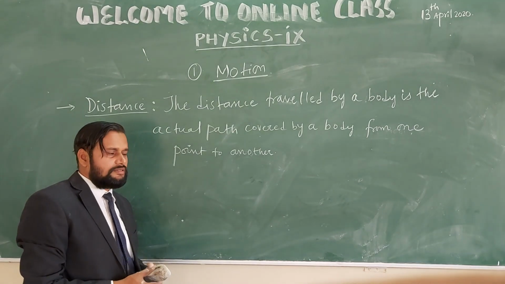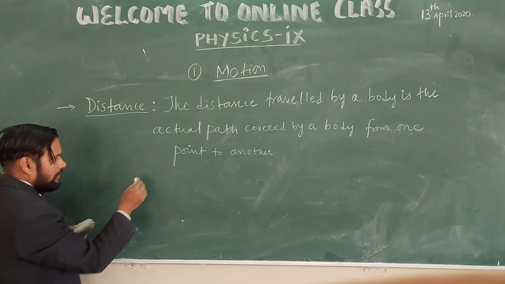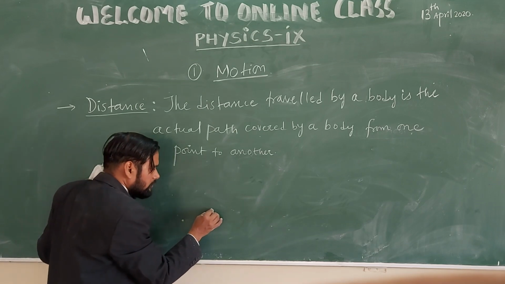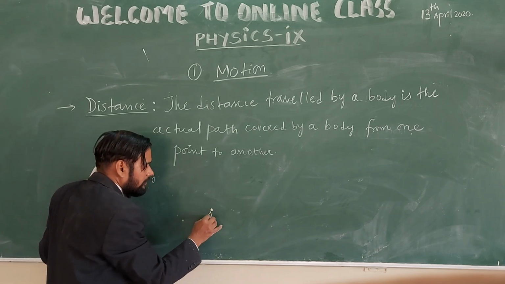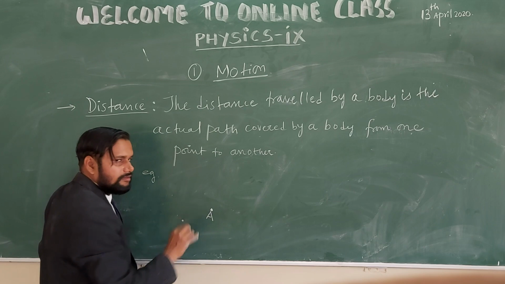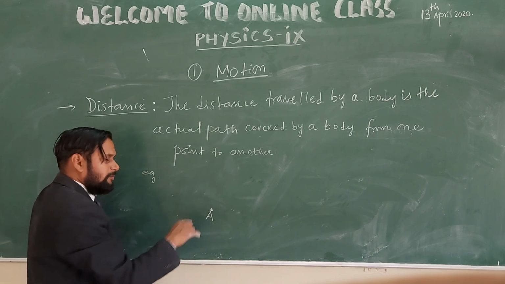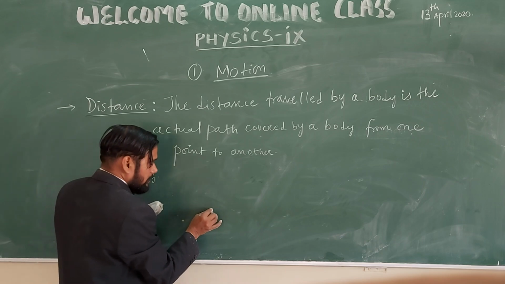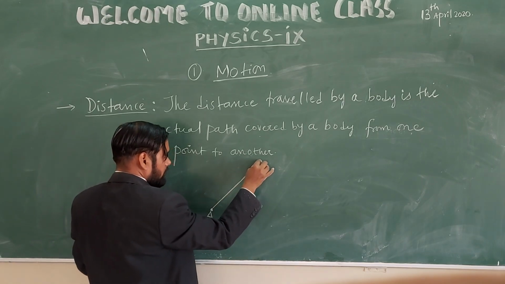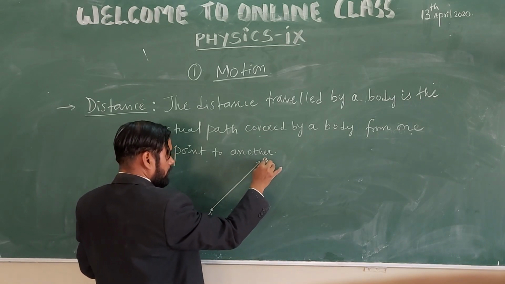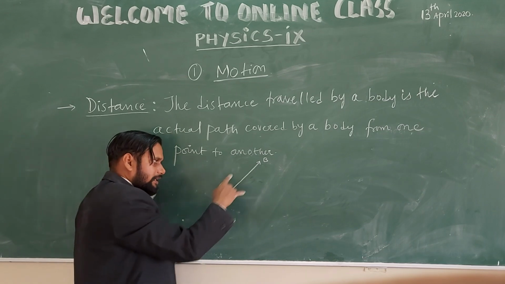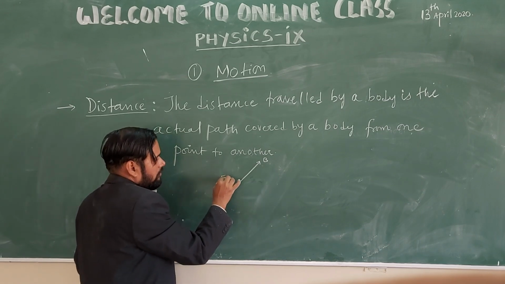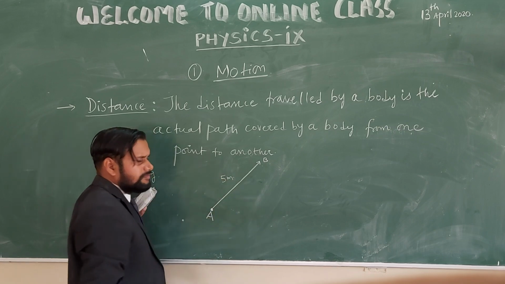That means, for example, I am taking an example. Suppose this is one point or one position from where a person starts moving. He reaches point B, and the distance from point A to point B is 5 meters.